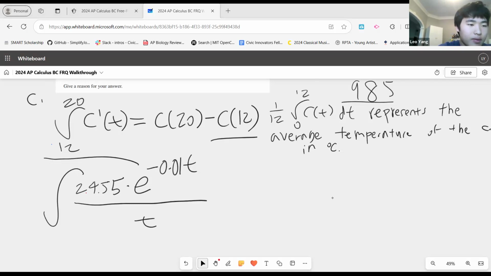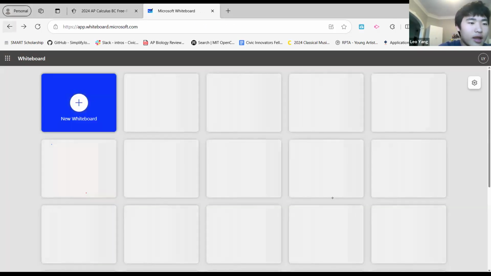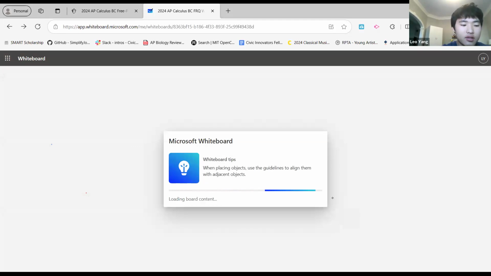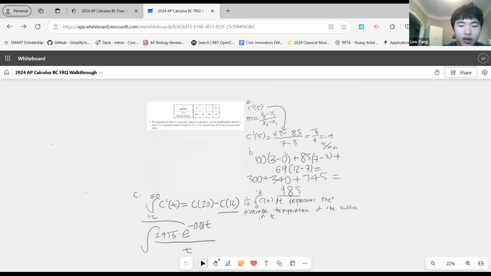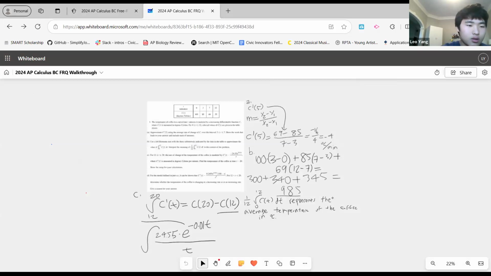How to get the eraser to pop up? Why is the eraser not popping up? Strange. Now the whiteboard went back. Sorry, guys, we have a bit of technical difficulties here. The eraser is not popping up for some reason. Very strange.